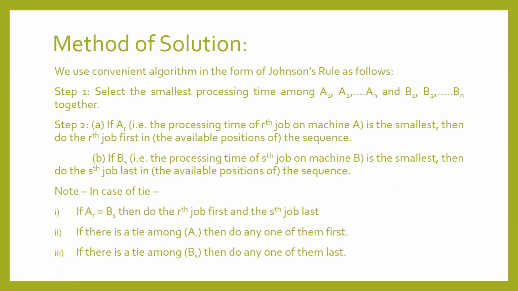Similarly, if there is a tie among the values on machine B, then do any one of them last. Clear? We will understand this much better when we take up an example, and the example which I'll be taking will cover all these points.